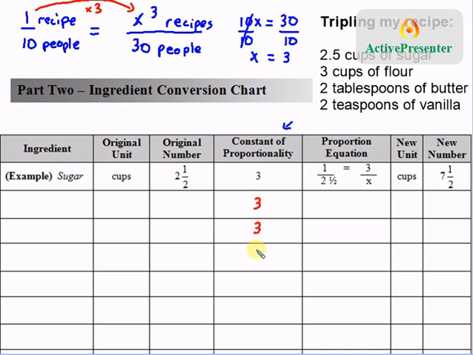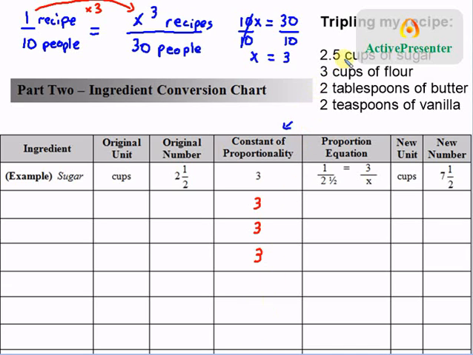Your constant may be different based on your recipe and the number of times you had to double or triple it, but it will be the same in this column. If you had to double your recipe, this would be 2. If you had to triple it, it would be 3. If you had to quadruple it, it would be 4. You'll use the same number in all of these, and that will be your constant of proportionality.